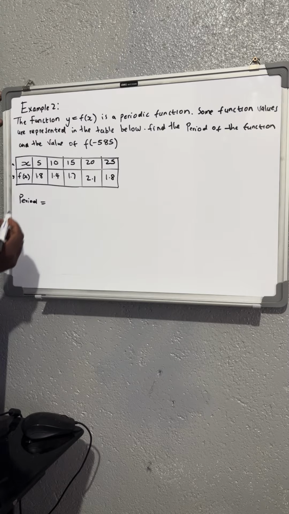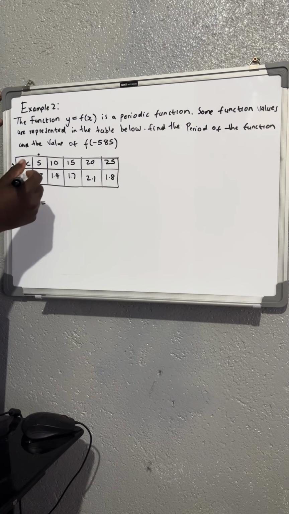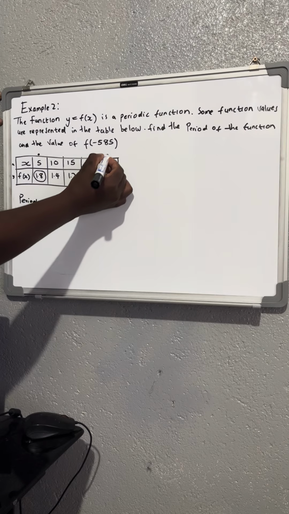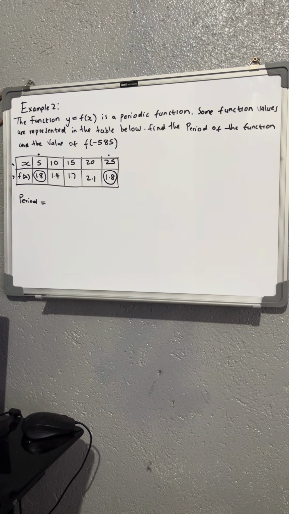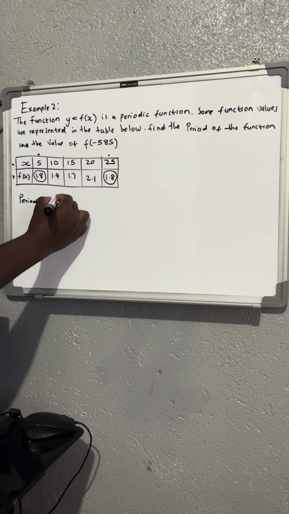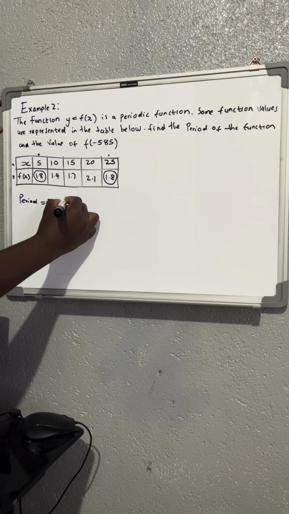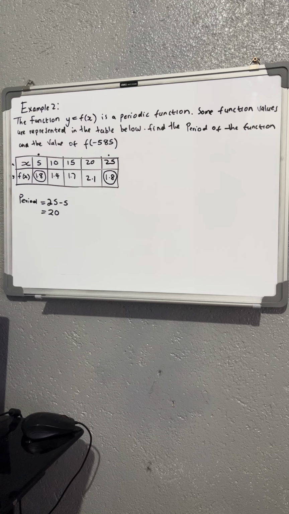If you check where your x is equal to 5, you have your 1.8. And also, if you check where your x is 25, you also have your 1.8. So this means now you can say your period is what? Your period is 25 minus 5, which is going to be 20.